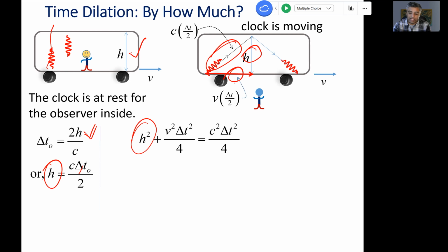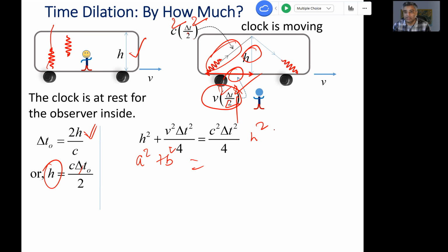So h square plus this whole thing squared, v square delta t square over 4, becomes equal to this whole thing squared, and when we square this one, it becomes c square delta t square over 4. So that's what you see, okay? This is the square of the hypotenuse, and this is the square of one side and the other side. Let's say a square plus b square is h square. That's what we are using here, right? So now, what happens?